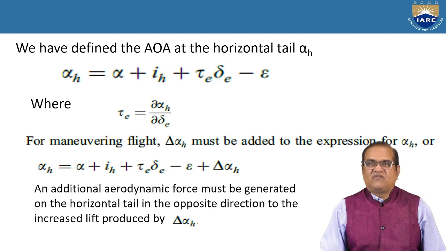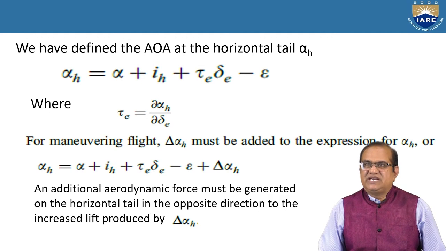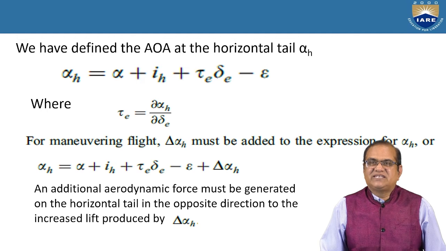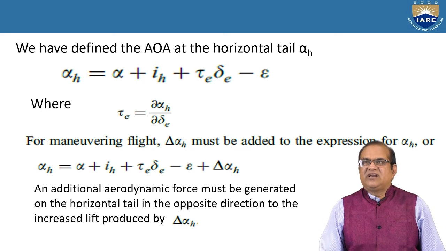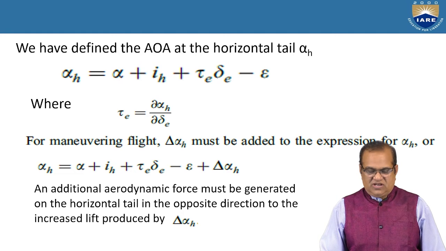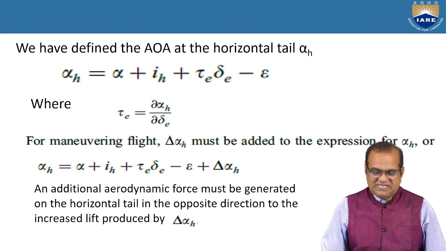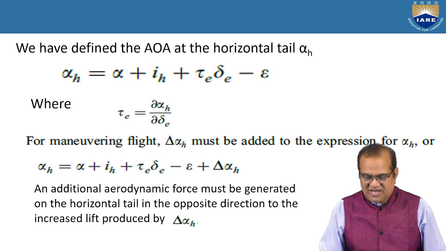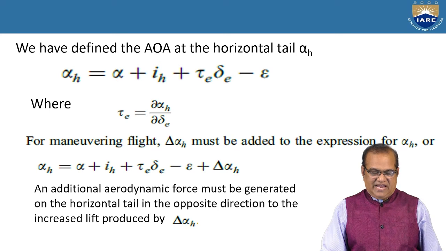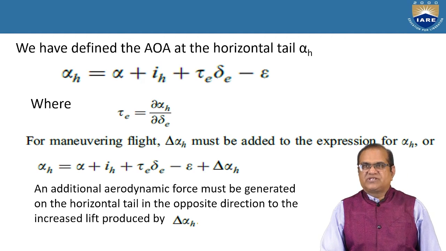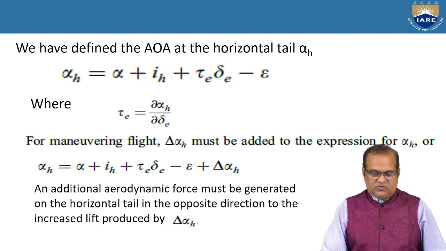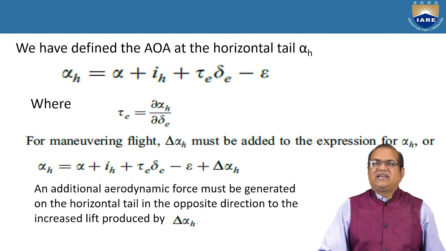Alpha H is equal to alpha plus iH plus tau E delta E minus epsilon, where tau E is equal to dou alpha H by dou delta E. For maneuvering flight, delta alpha H must be added to the expression for alpha H, or alpha H is equal to alpha plus iH plus tau E delta E minus epsilon plus delta alpha H. And an additional aerodynamic force must be generated on the horizontal tail in the opposite direction to the increased lift produced by delta alpha H.